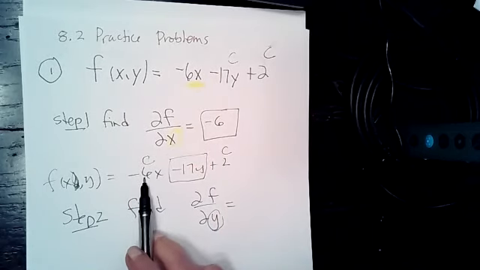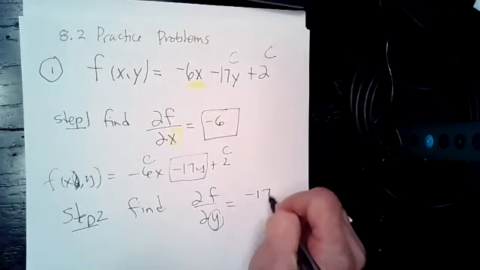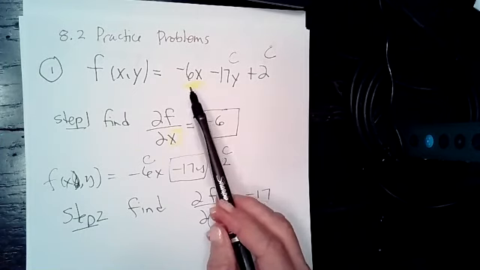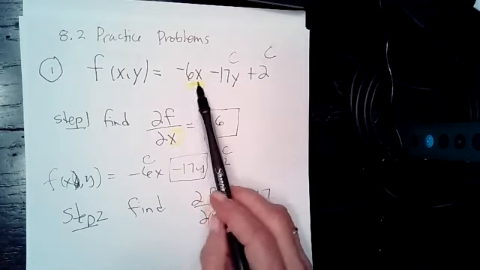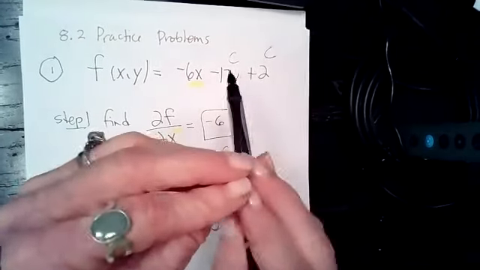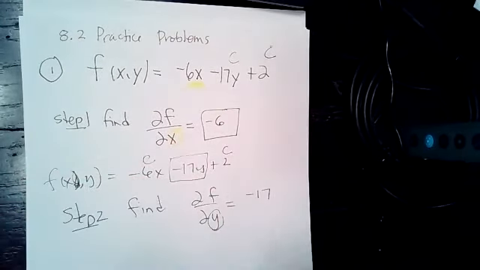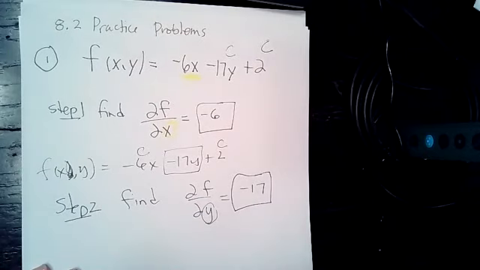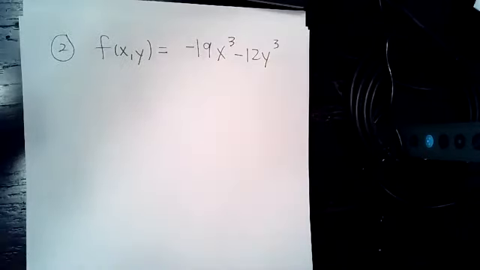That derivative is 0, this derivative is negative 17, and that derivative is 0. Everything else is constant. These are at first a little easier. I call them standalone terms: my x term stands here, my y term stands here. There's no xy term multiplied together yet. That's when it gets a little bit challenging. All right, so that's question 1.